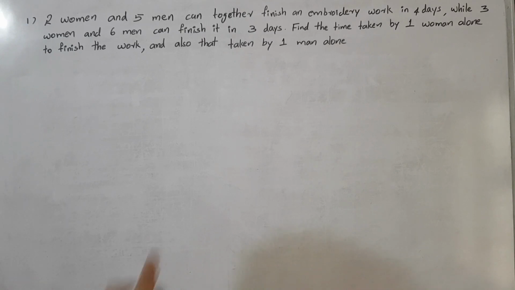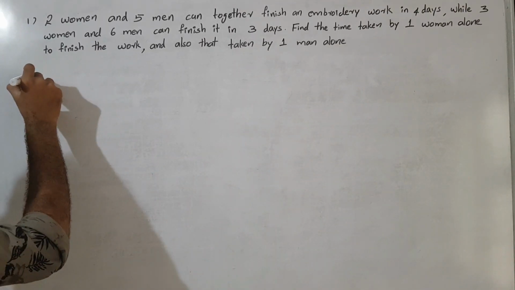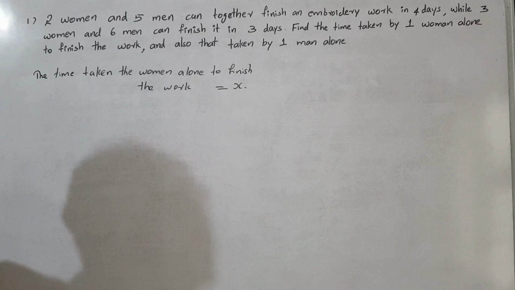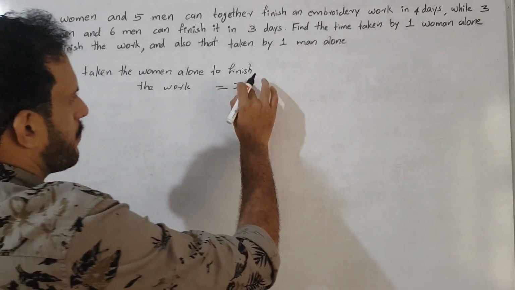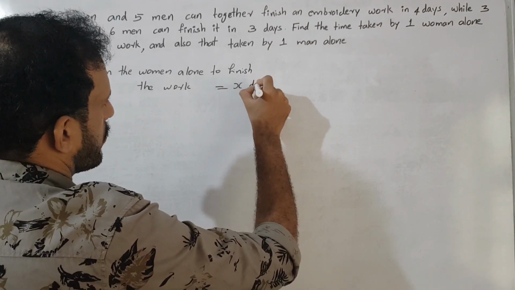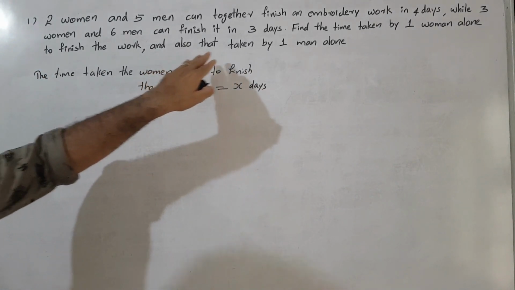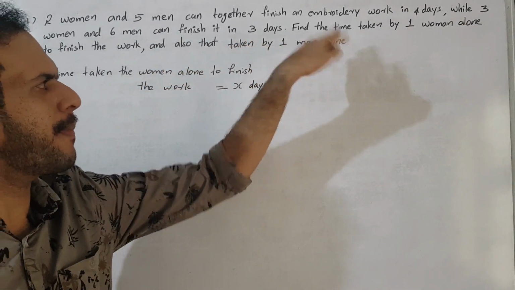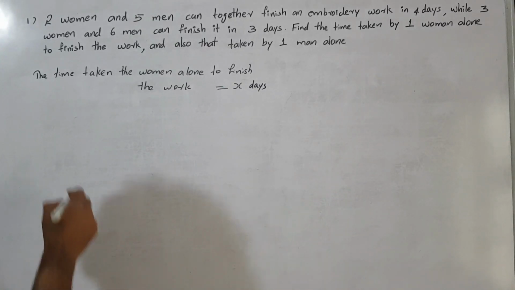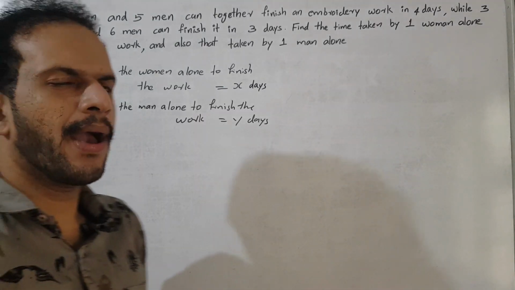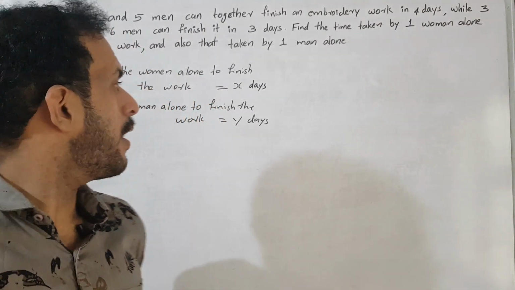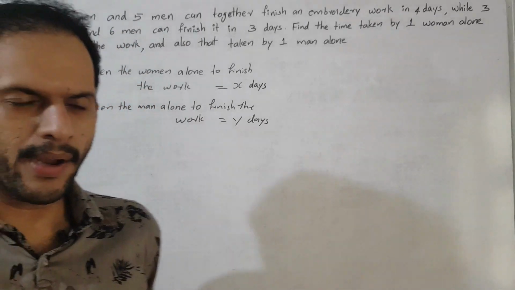Then the time taken by the woman alone to finish the work is equal to X days. One more: we need to find the time taken by a man alone, correct? So the time taken by the man alone to finish the work is equal to Y days.